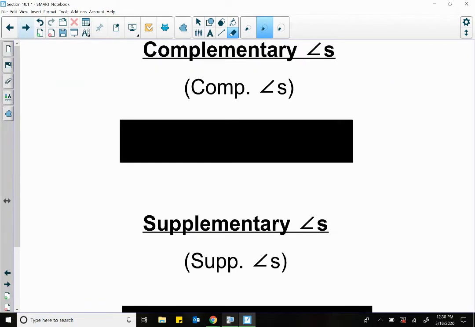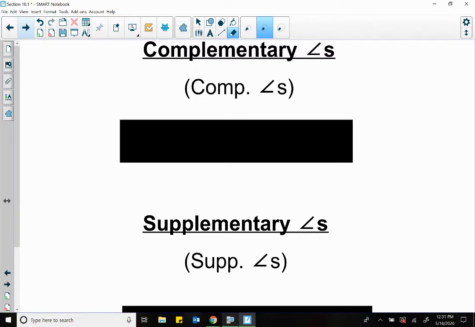All right, moving on. Like I said, we talk about types, and we can talk about relationships. We've got complementary angles and supplementary angles. Complementary, I abbreviate comp; supplementary, I abbreviate sup. This shouldn't be unfamiliar. All this geometry stuff is very straightforward stuff that you should know, or hopefully remember.